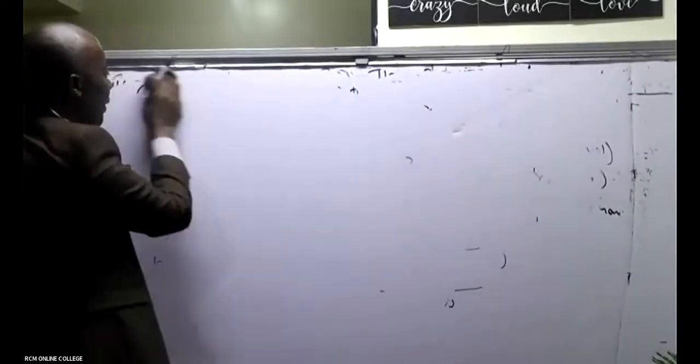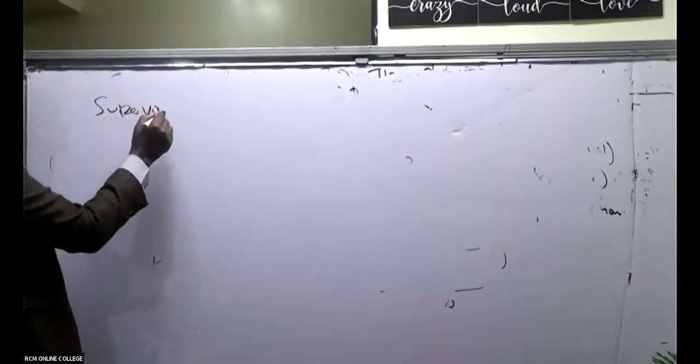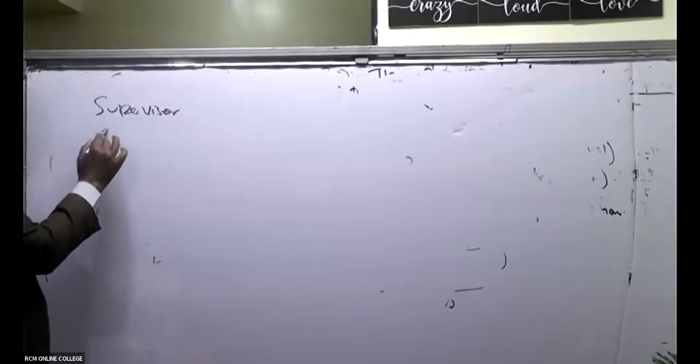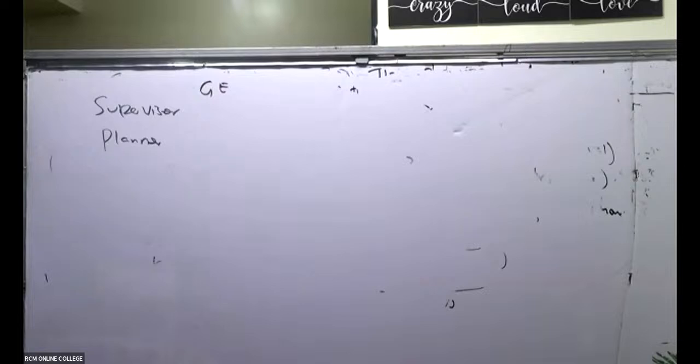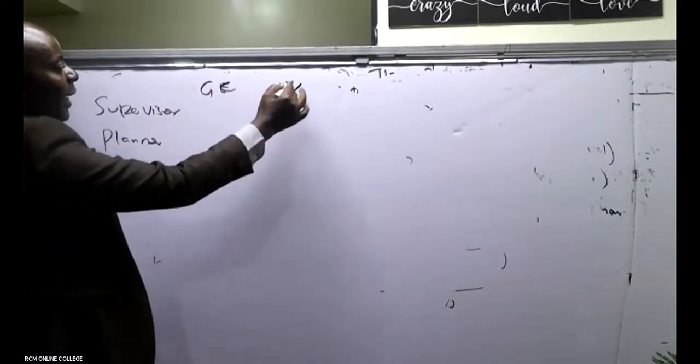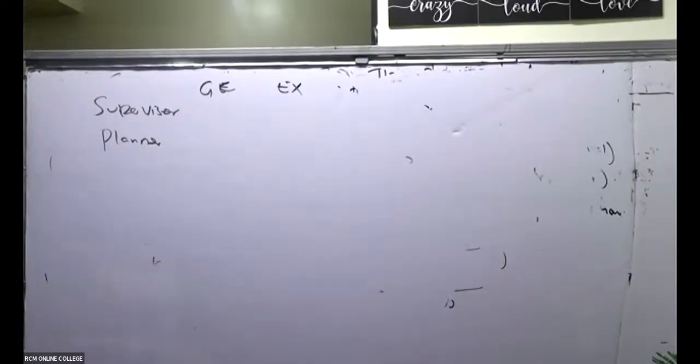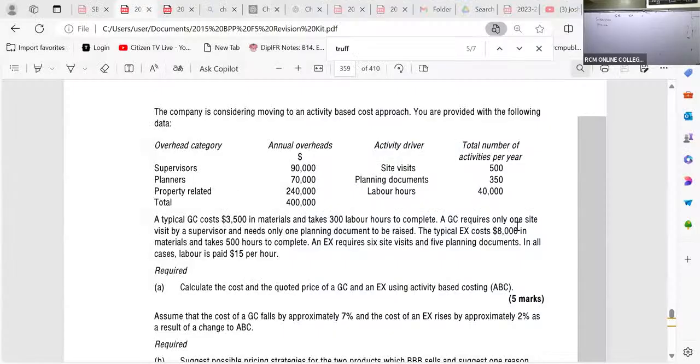So for instance, we have here supervisors. We have in this case GC, and then we have X, GC versus X. So remember, this one here for GC, it is one site visit, and then X, in this case, we have got how many visits?